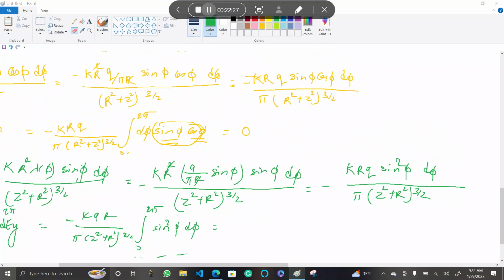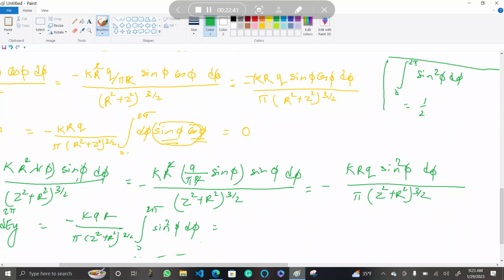Let me do that integration here. The integral of sin square phi from 0 to 2 pi equals 1 by 2 times the integral of 1 minus cos 2 phi d phi.